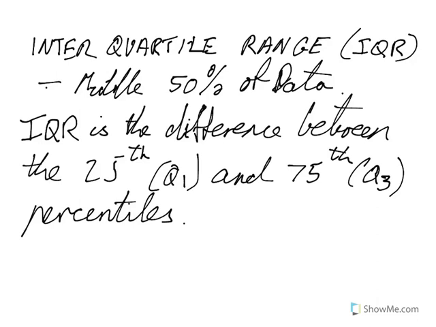So what does that mean? The 25th percentile means that 25% of the data is less than it, and the 75th, 75% of the data is less than that.